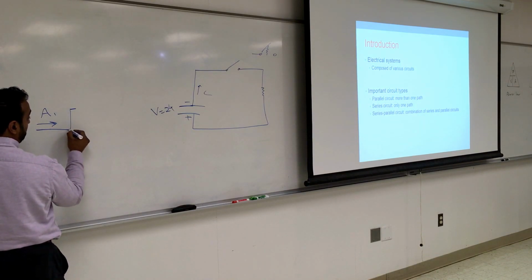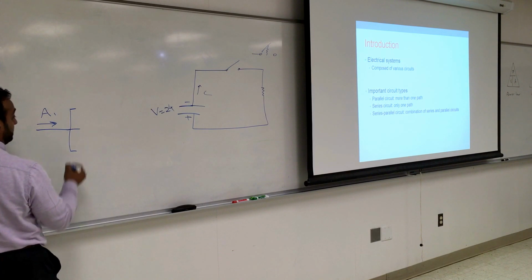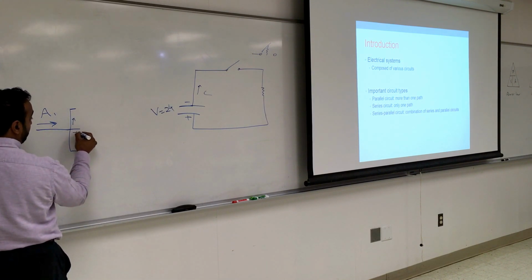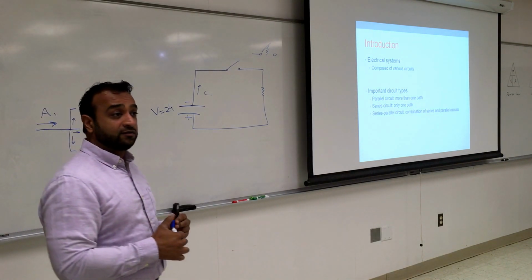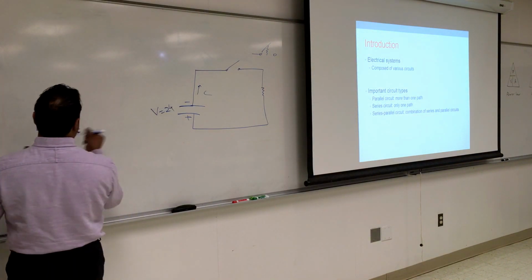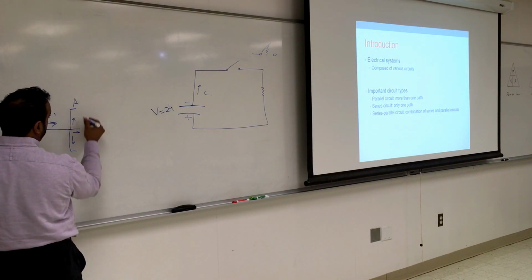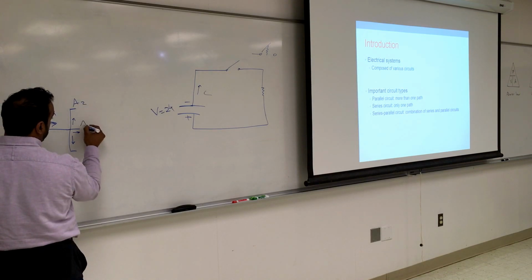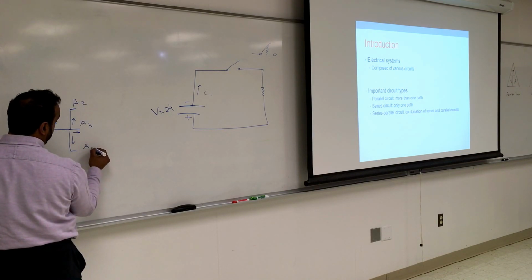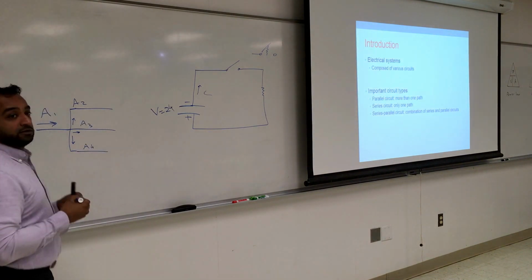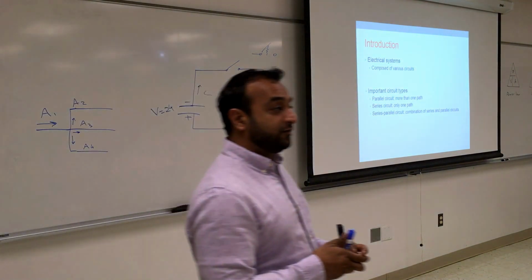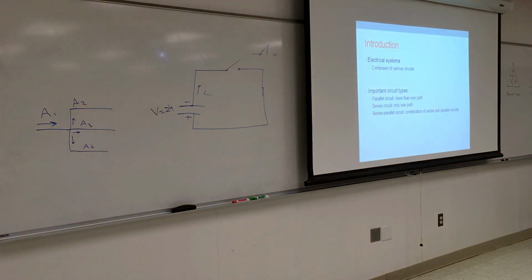If it diverts and forks, it will divide into 3 little currents, or 2, or 4, or 5, and those will get an equal amount of current to start with: I2, I3, I4. This is considered parallel. Whenever the current coming in diverts and has more than one path, it's a parallel circuit.